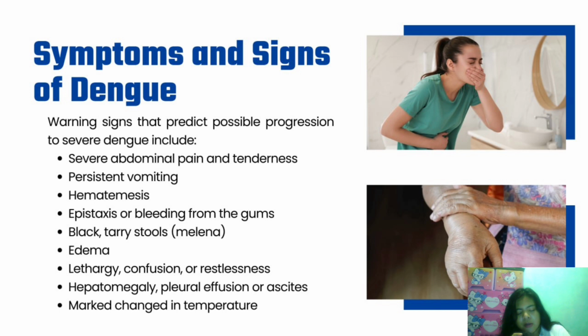Hepatomegaly is the most important clinical sign. Elevation of liver enzymes can occur with or without hepatomegaly. Significant rise of liver enzymes helps in recognition of severe forms of dengue infection like DHF and DSS.